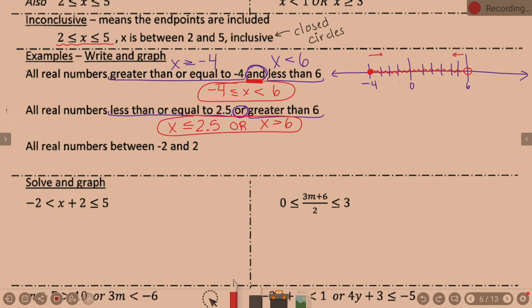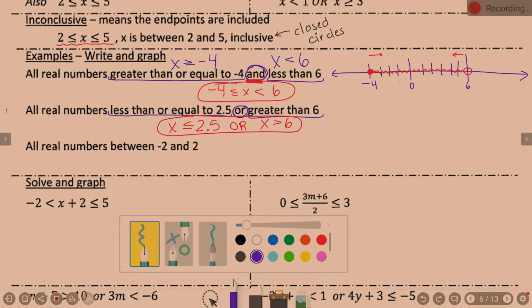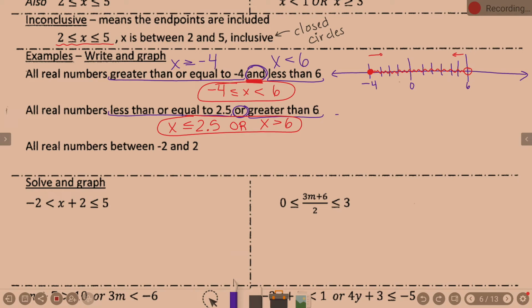Hold on, we have to graph that one before you move on. Oh, I almost forgot. What kind of numbers have to be on this graph? 2.5 and 6 minimum, right?